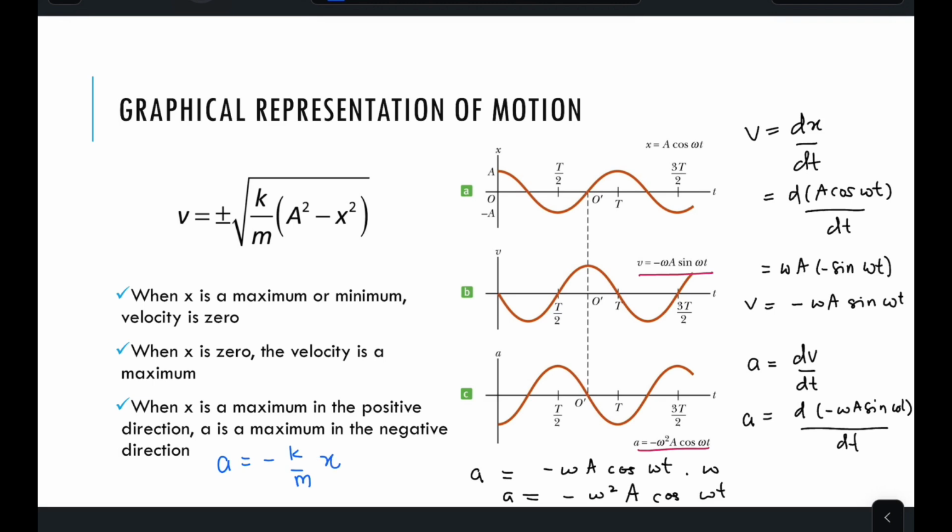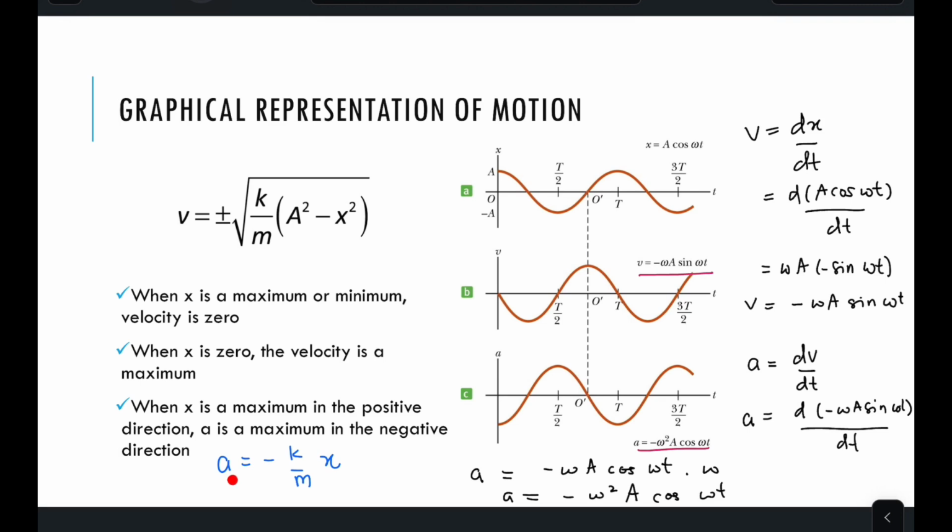Whenever the x is maximum, the value of this is also maximum, the acceleration also maximum, but in negative direction. Whenever the x is maximum in the negative direction, the a will be negative of negative, which will be positive, right?